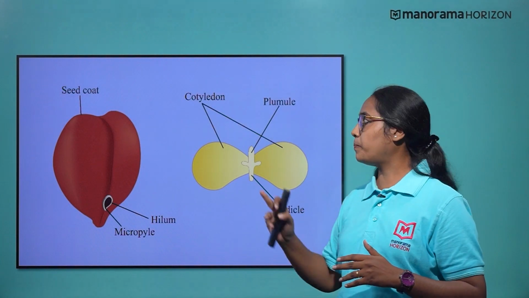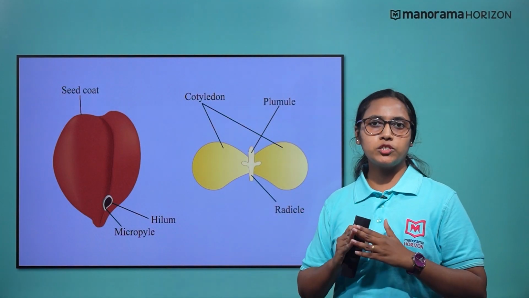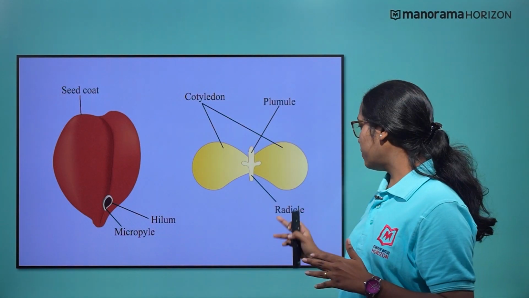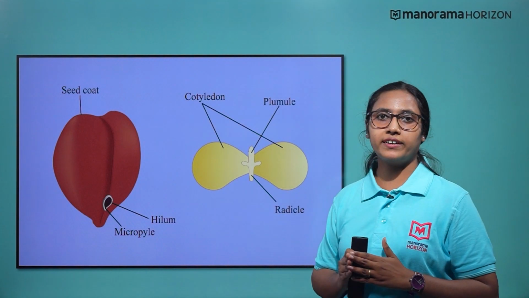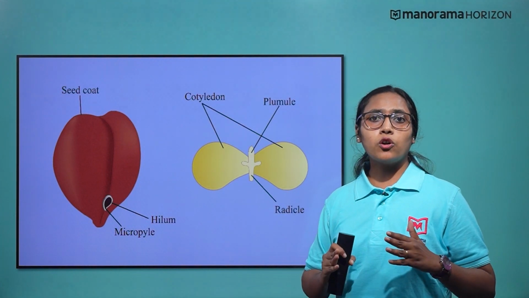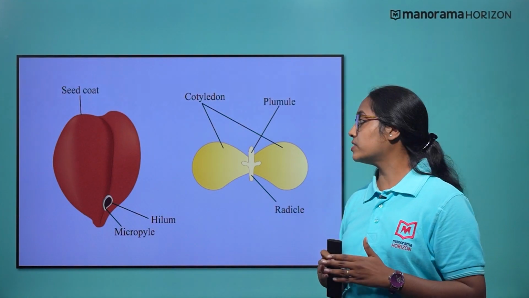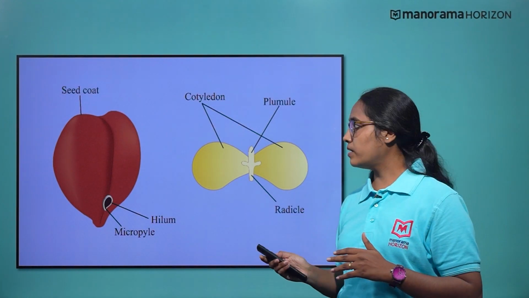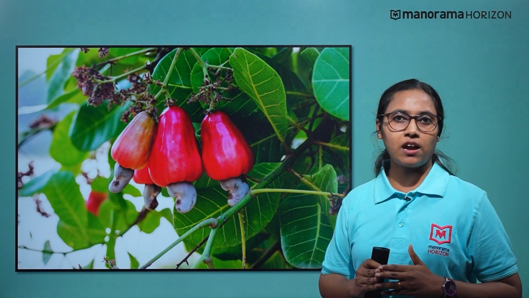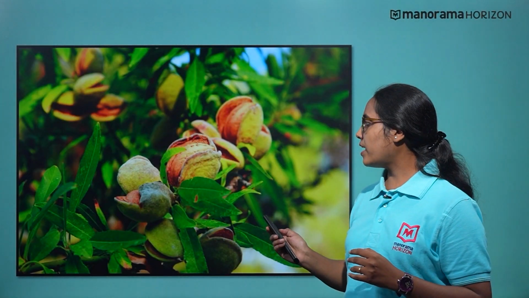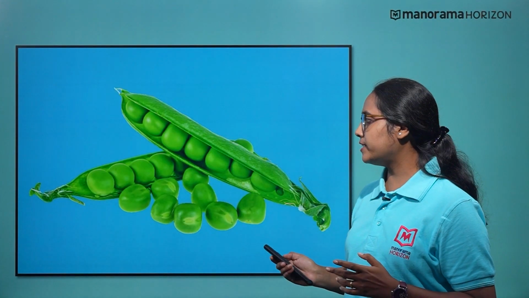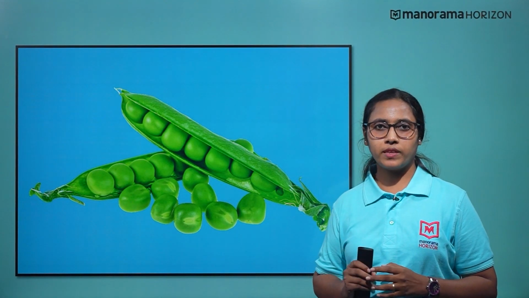One end is the plumule, formed as the shoot tip, and the other forms the root tip, that is radicle. The cotyledons of dicots are fleshy and contain reserve food materials. Examples of dicots are cashew, almond, peas, etc.